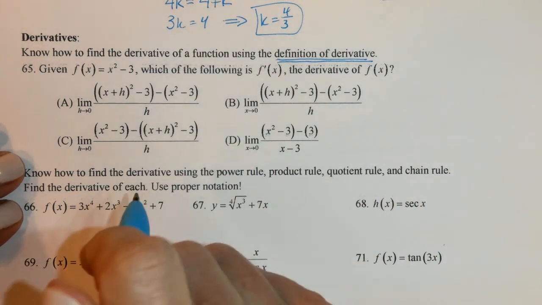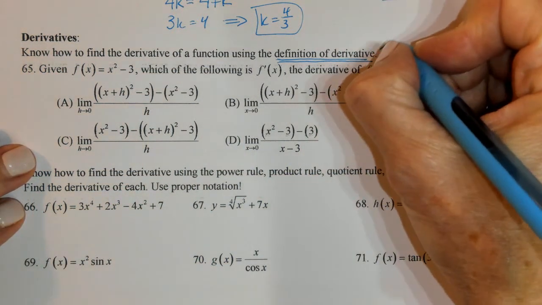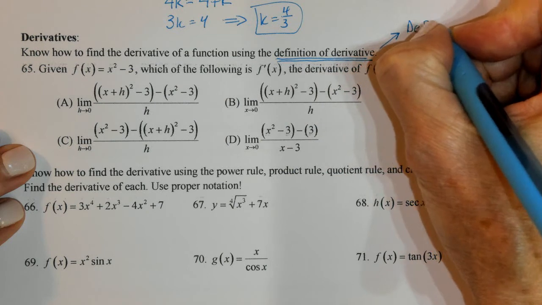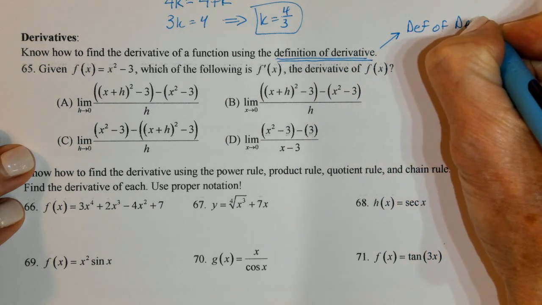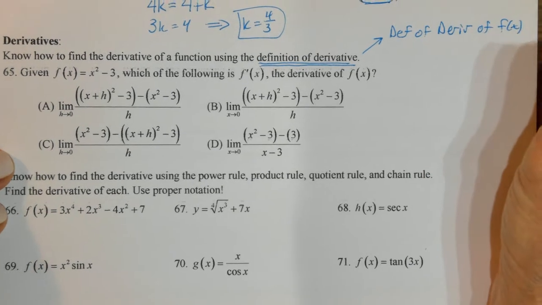So the definition of derivative, let's come over here and state what it is. Definition of derivative of f of x is this.